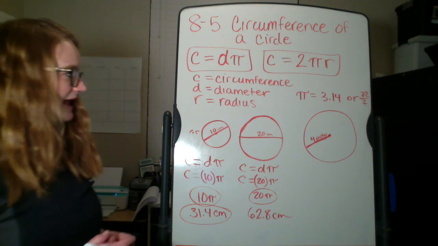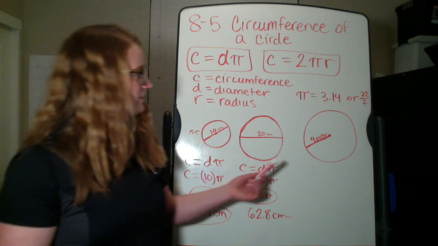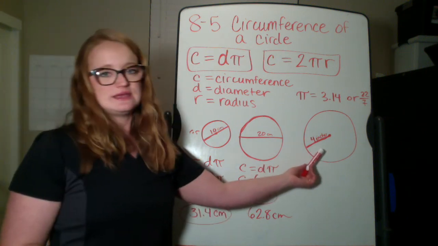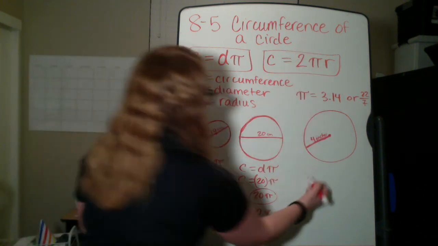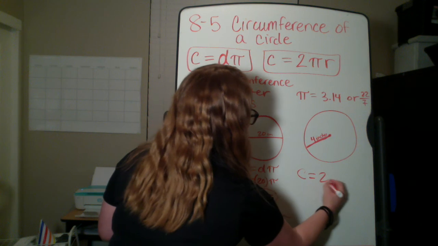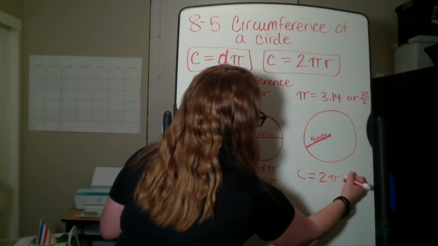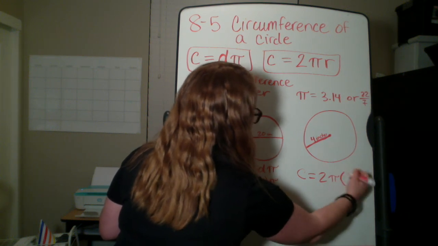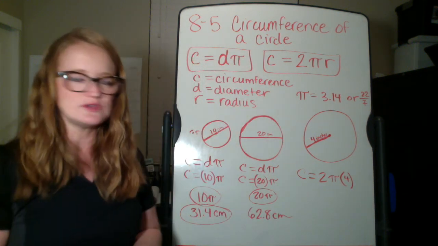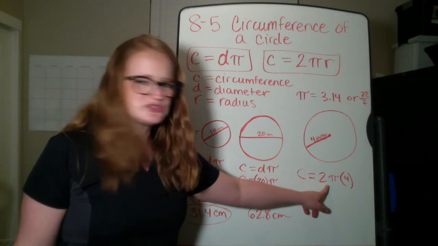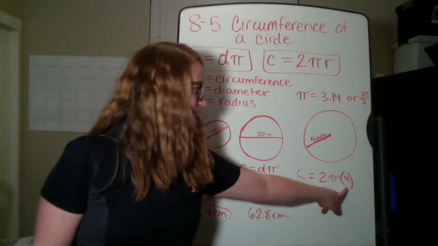centimeters. And if we have a circle that we know the radius instead of the diameter, we can use this formula. So c equals 2 pi times r, which would in this case be 4. And remember, guys, sometimes people get confused with this, but this again is just meaning 2 times pi times 4.